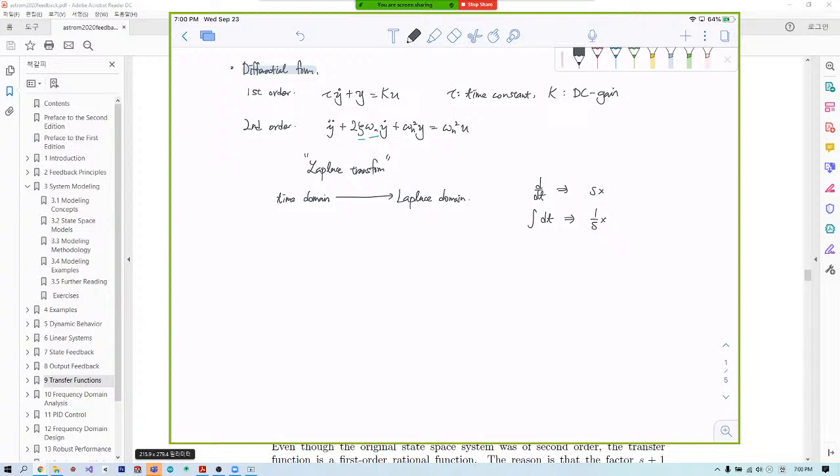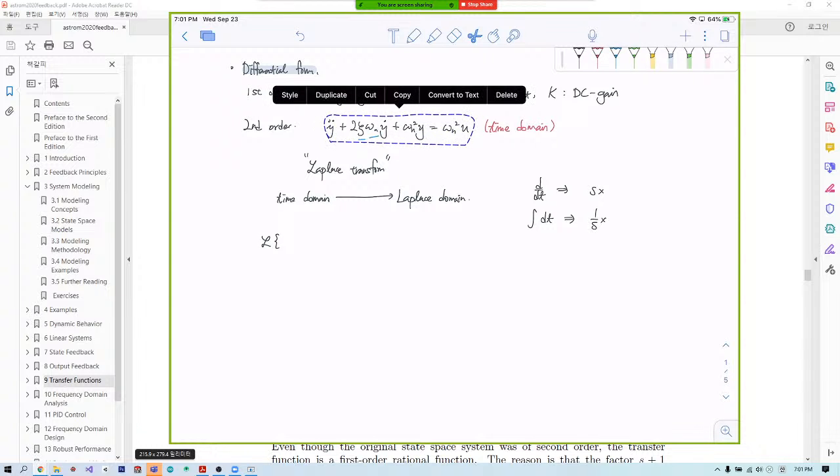So let's take a look at, for example, this second order differential equation that I just discussed. For now, this equation is written in time domain, and we would like to change everything into Laplace domain. So we can take a Laplace transform of this entire expression.